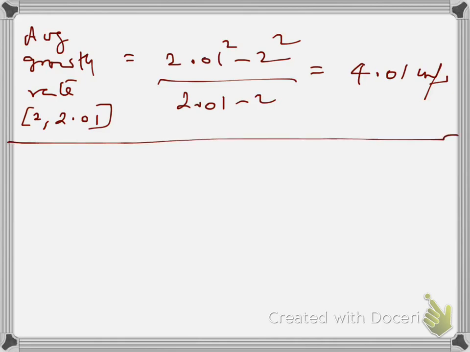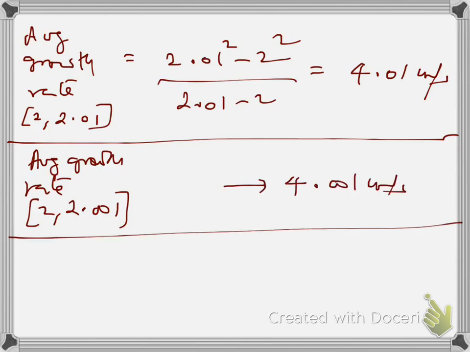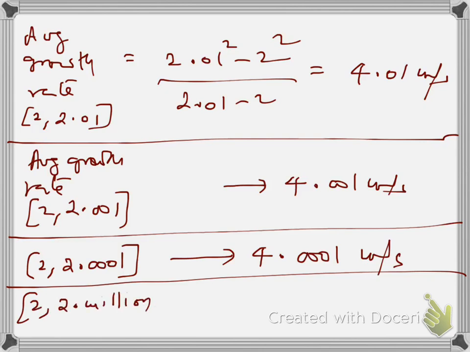Along similar lines, now you can see some pattern. Average growth rate from 2 to 2.001 will be, if you calculate, 4.001. Similarly, average growth rate from 2 to 2.0001, you will get as 4.0001. Okay, average growth rate from 2 to 2 point many zeros followed by 1, in that very small time interval.